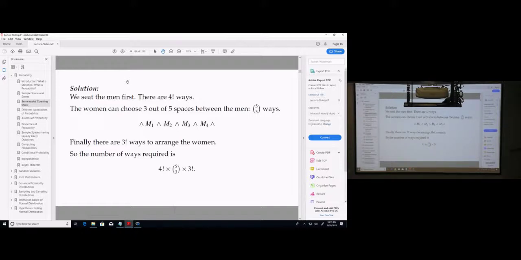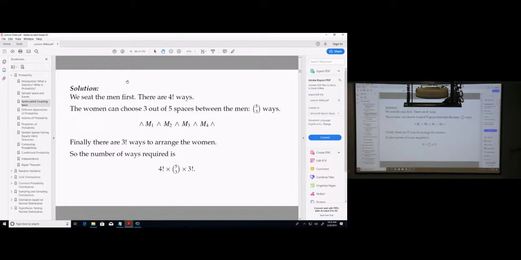Okay, so the first thing is there are 3 factorial ways to arrange the women. And then 4 factorial accounts for the ordering of the men. All right. So this is how to seat the men. And then I leave out 5 spaces, and out of which I have to choose 3 spaces to seat the 3 women.